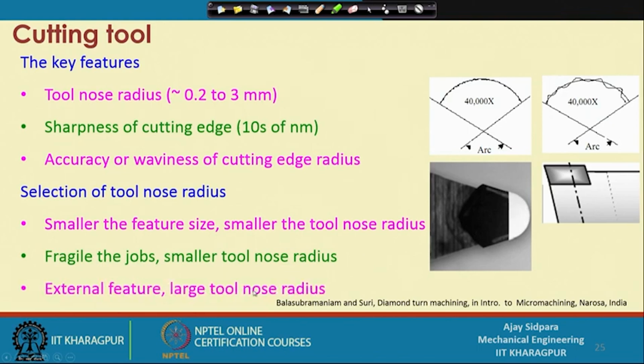For an external feature, it is better to go with a large nose radius, because in external features this is a convex surface, right. You want to do machining at this location. With a smaller nose radius, you have to spend a lot of time here, and since it is an external surface, your nose radius has no connection with the features available on the surface.